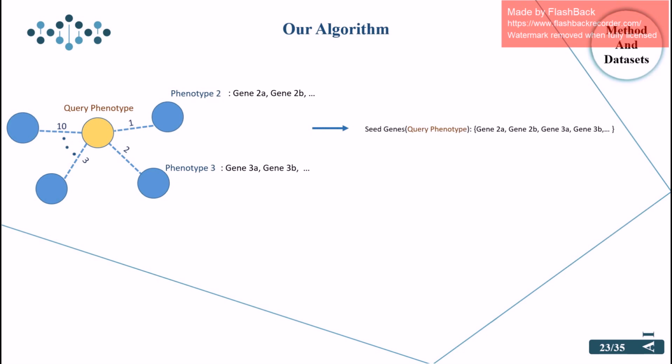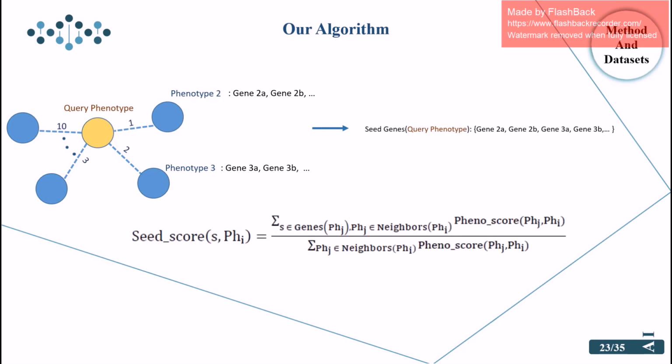So every member of this set, like S, has a score that is calculated with this formula. First, we should see how many phenotypes are related to this specific gene, and then calculate the summation of related phenoscores and divide it by the summation of all phenoscores.